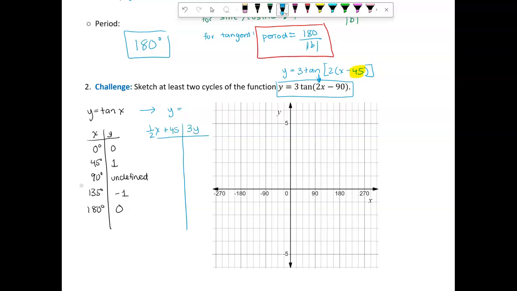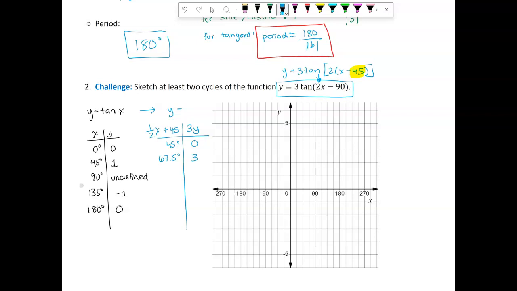All right, so if we go and apply this, you'll see 0 plus 45, so this is 45, and 0 times 3 is 0. This is 45 cut in half, add in 45, you're at 67.5 degrees, and then 1 times 3 is 3.